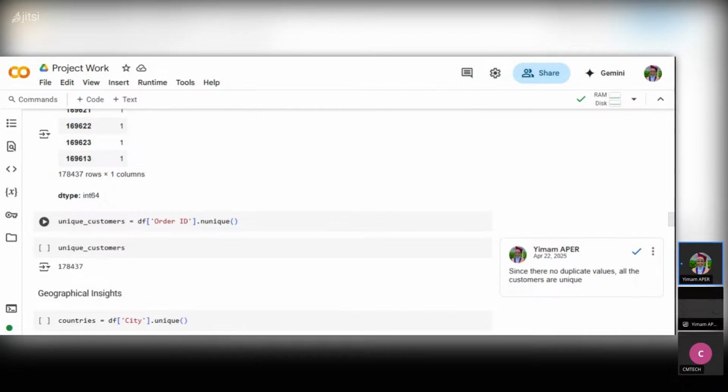So they are unique, but they were not duplicate. Since we checked before, it gave us the same value, and as the value is giving us now, we had the same number of unique customers.